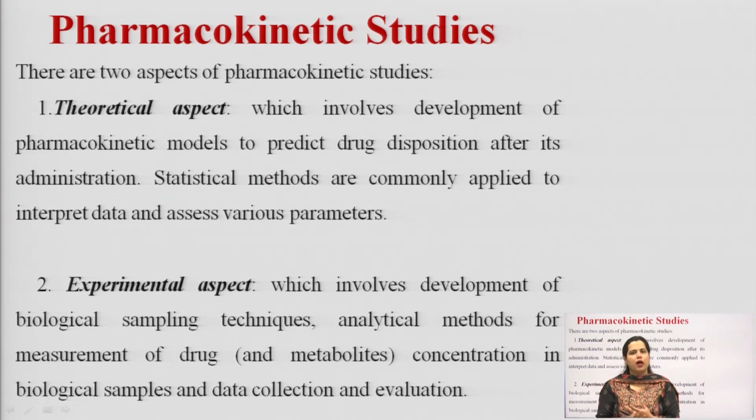So, theoretically we analyze things based on these different processes named absorption, distribution, metabolism and excretion. Statistical methods are commonly applied. So, we use some sort of mathematical formulas to identify the drug's fate in the body.